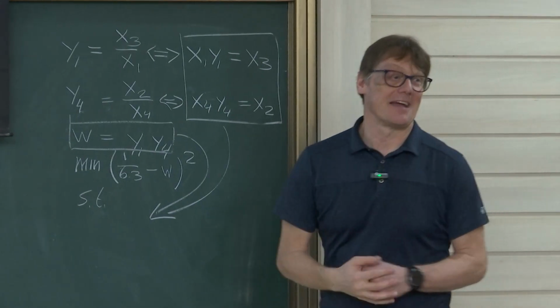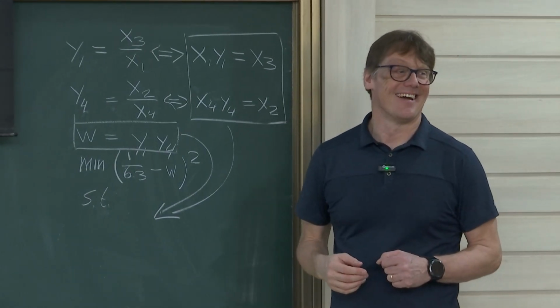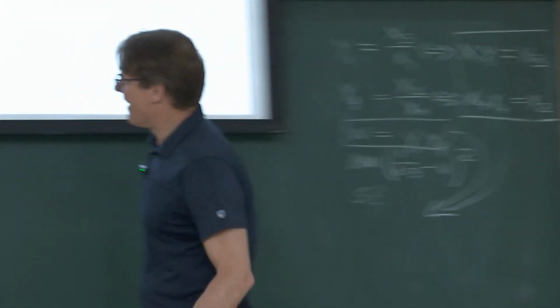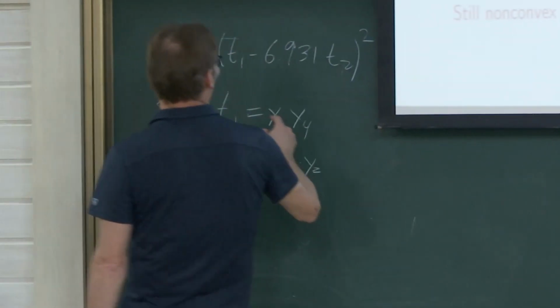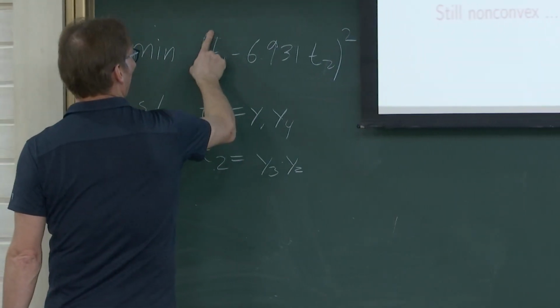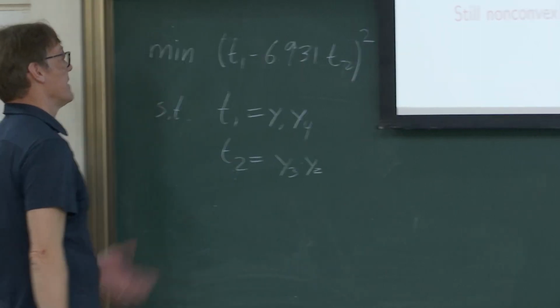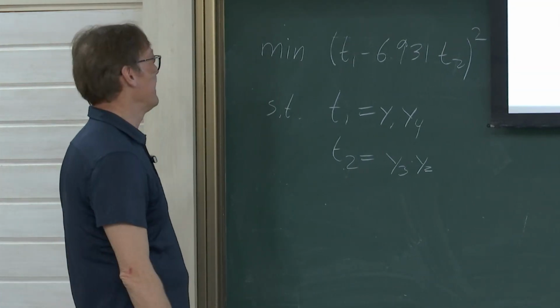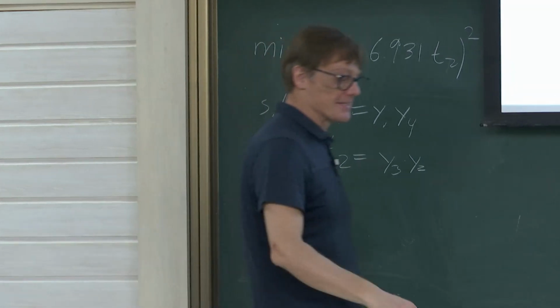And I have one less bilinear expression. But you have T1 T2 over there, the squared T1 minus 6.931 whole squared. Oh, that's right. So I still have the same. You're right. We're the same. Nobody wins.